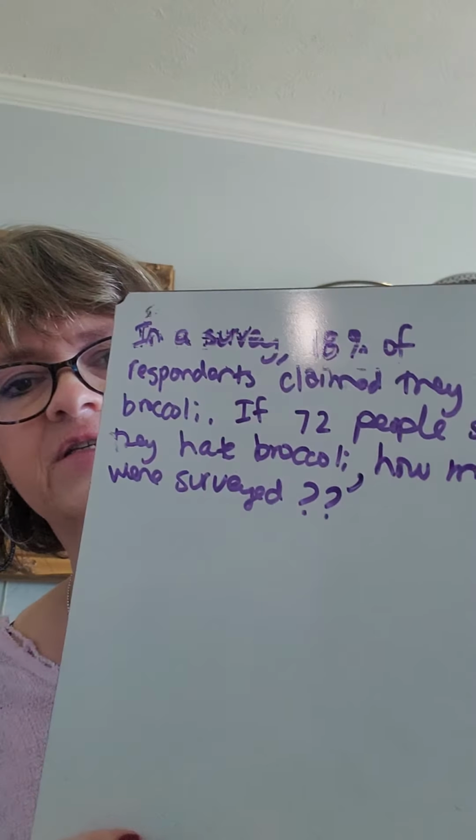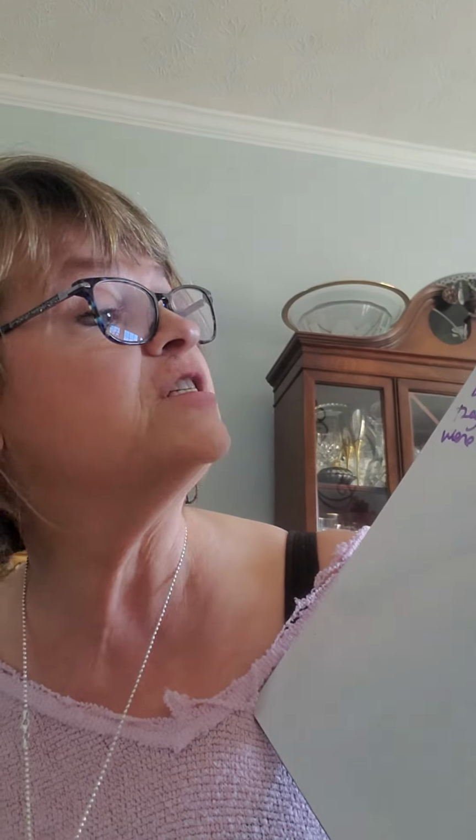All right, so in a survey, it says 18% of respondents claimed they hate broccoli. Now, not me, because I like it, okay? It says, in a survey, 18% of respondents claimed they hate broccoli. If 72 people said they hate broccoli, how many were surveyed?